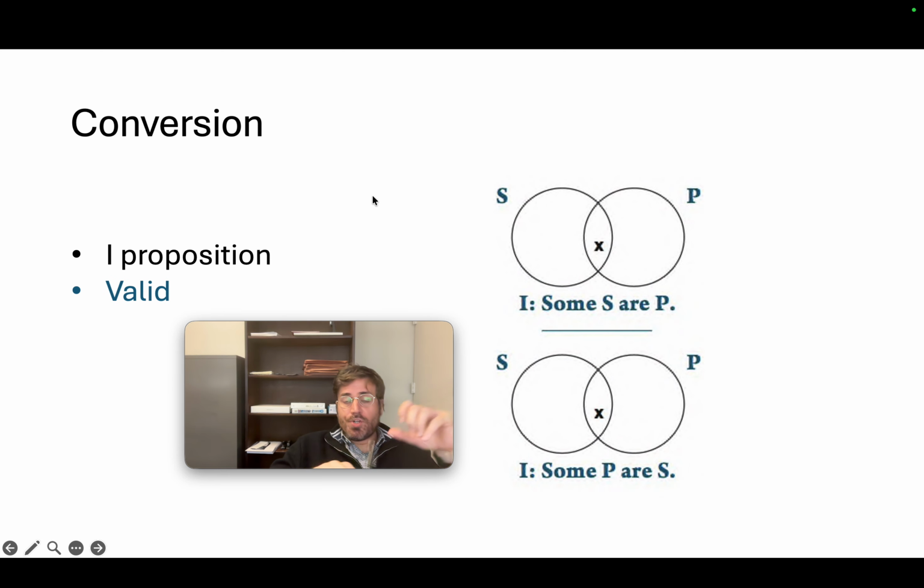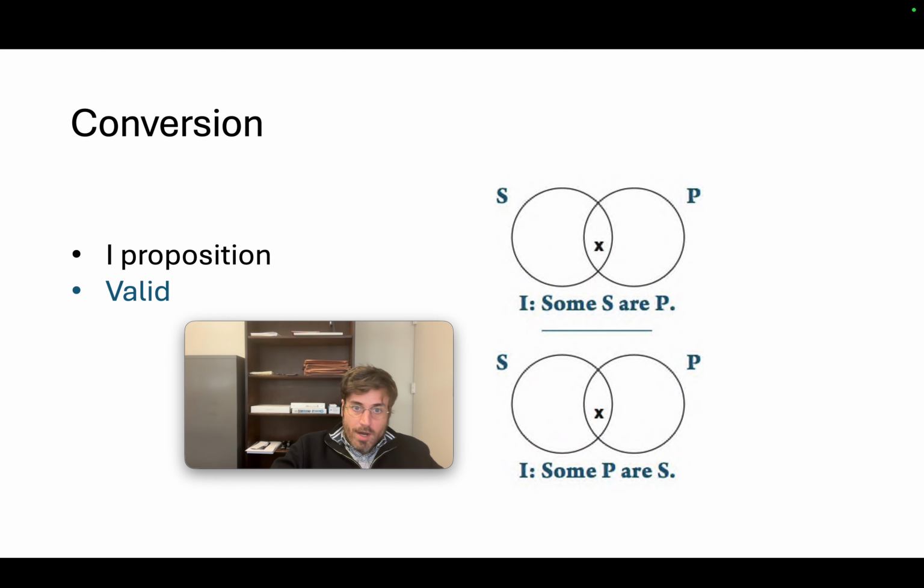For the I proposition, we similarly have identity here, right? We have the exact same thing. For the I proposition, some S are P, we have an X in region 2 here to indicate the membership of at least one subject in the predicate group. And then to flip subject and predicate for the converse, some P are S, we need an X also in region 2.